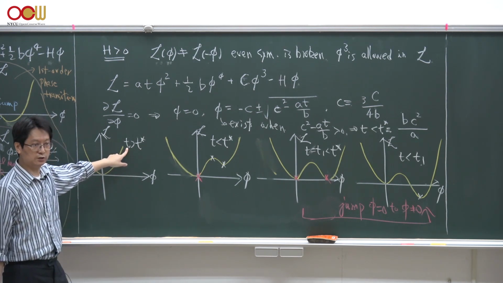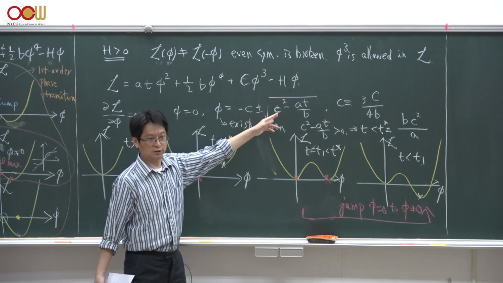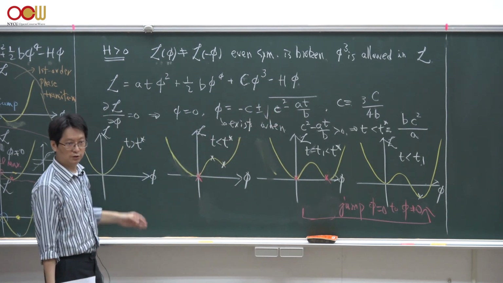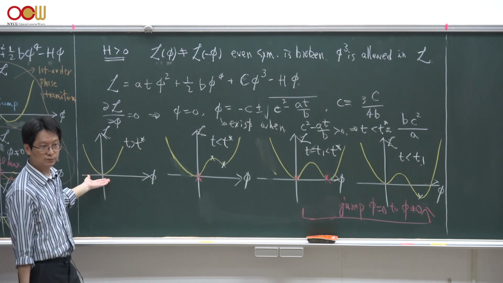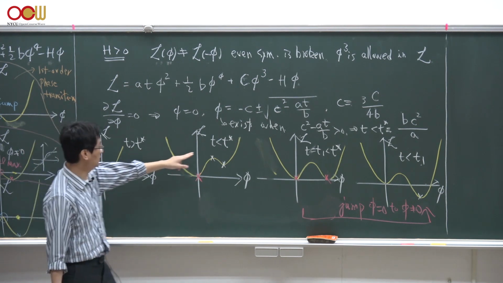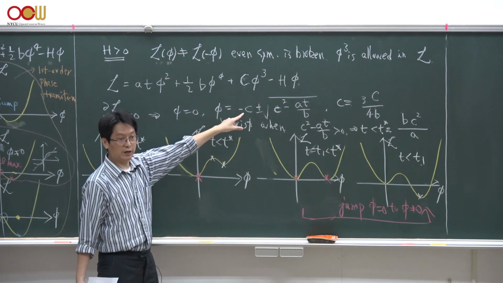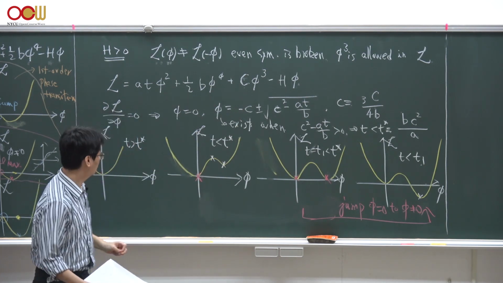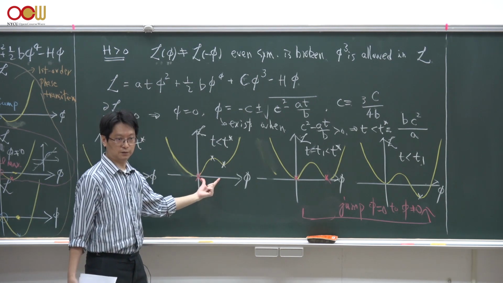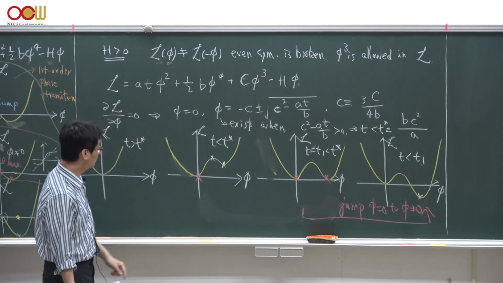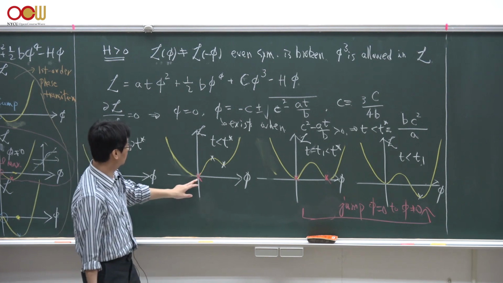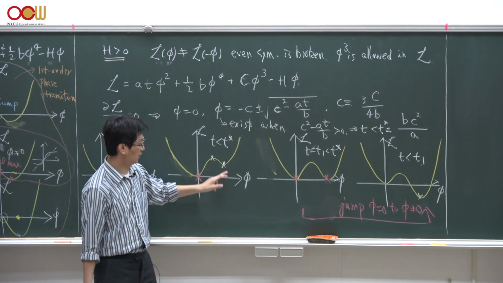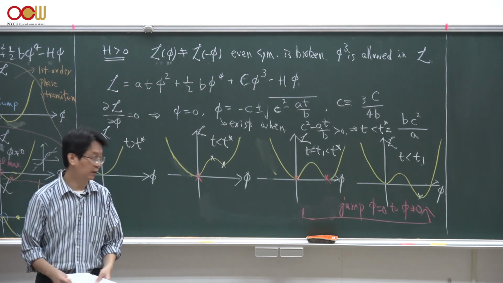So that's exactly what happened here. When t is larger than t star, the square root is a purely imaginary number, which is unphysical, so there's no second dip or second well. But when t is less than t star, you have these two solutions representing the two minima of this L: one minimum at phi equals 0, and another at finite phi.